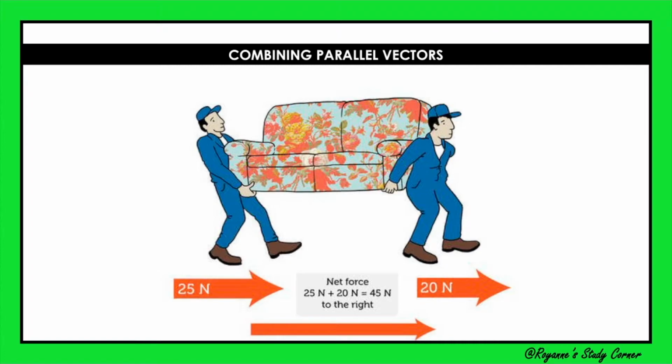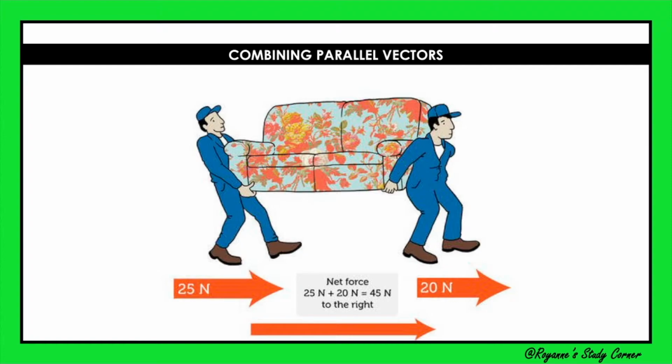We know what parallel means in the general sense. It's two lines that won't ever meet and they're the same distance apart. And what we're referring to in this case is vectors that are acting in the same direction.